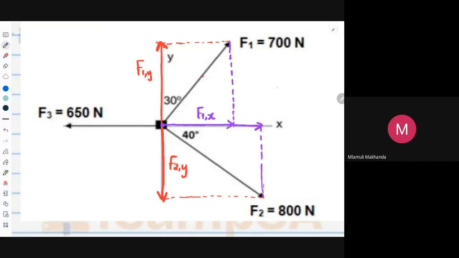So F2 is basically like this. This is F2. And then these are the components. This is F2x. And then that's F2y. So what this also means is F2 is a resultant when you compare it to its components.